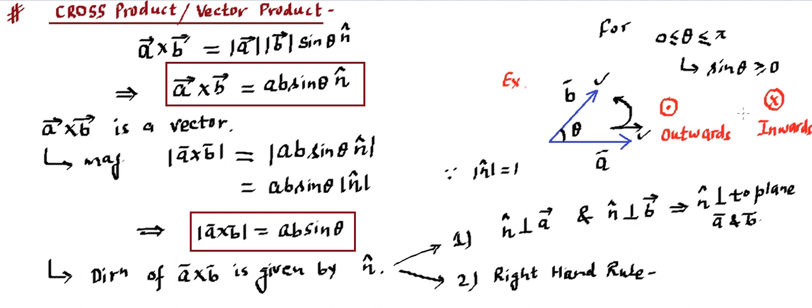Since we had two options left, the orientation of the thumb will let us know which direction is right. If you have placed the fingers along vector A and curled naturally towards vector B, and you observe your thumb pointing outwards, outwards to this screen, that means A cross B will be in the outward direction.